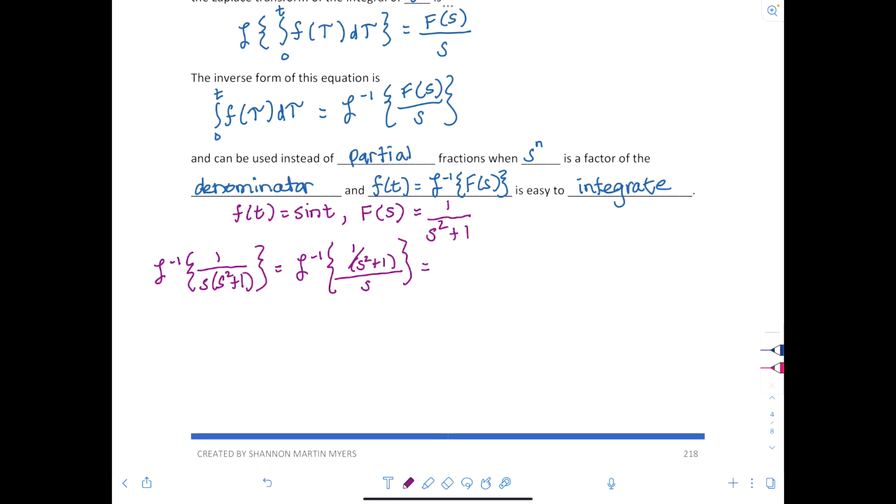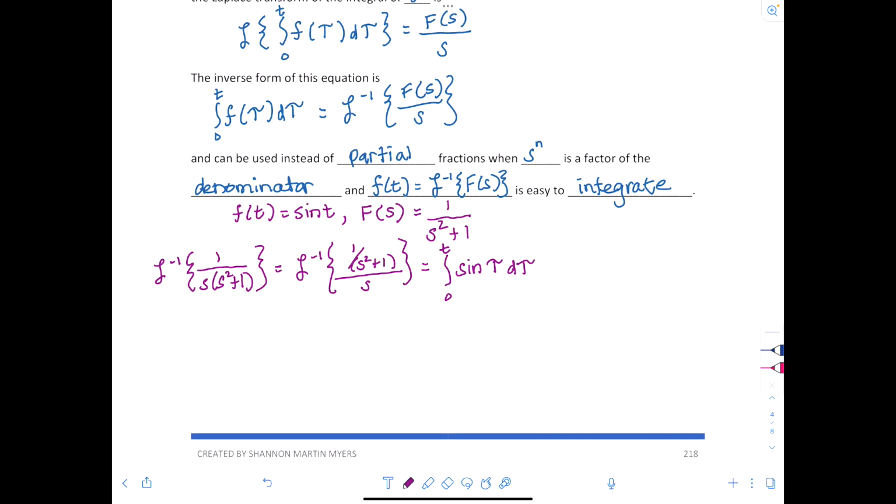And now what this last thing said is that it's going to equal the integral from 0 to t of sine at tau, because our inverse Laplace transform of 1 over s squared plus 1 is sine at t. Well, we're integrating, or we have t in the integral, so we're putting the dummy variable tau in there, d tau.